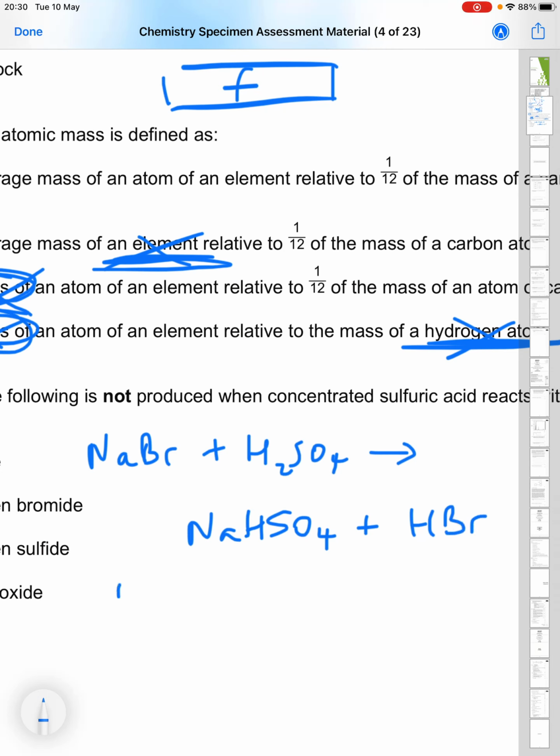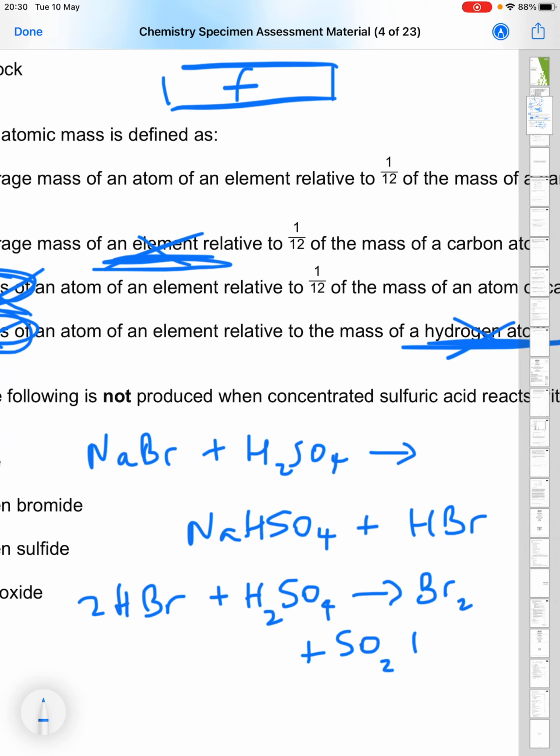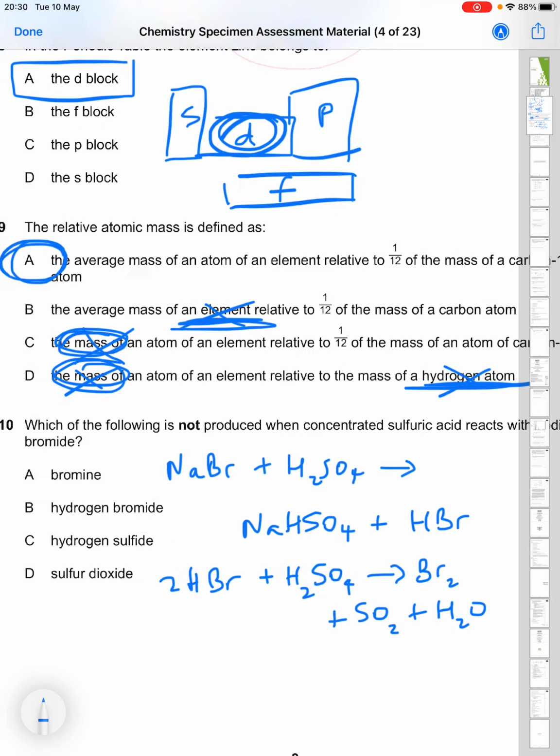Now HBr is able to reduce the sulfuric acid further, and it gives bromine, Br2, and sulfur dioxide and water.